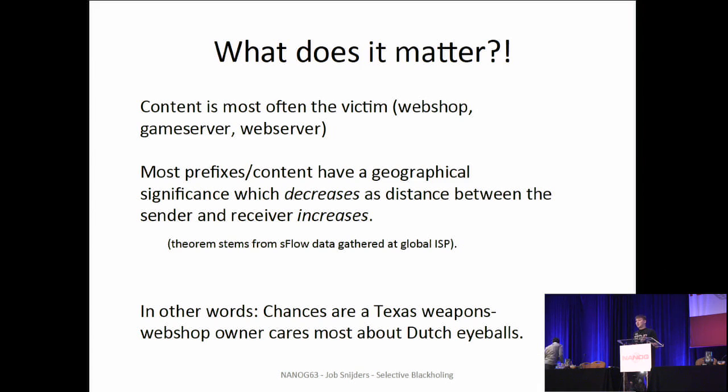And most prefixes or content servers have a geographical relevance that diminishes the further the eyeball is away from the content source. In other words, a Texas gun web shop owner probably does not care a lot about Dutch citizens when he's under a DDoS attack. He cares about people that are close by his web shop, geographically seen, US citizens.